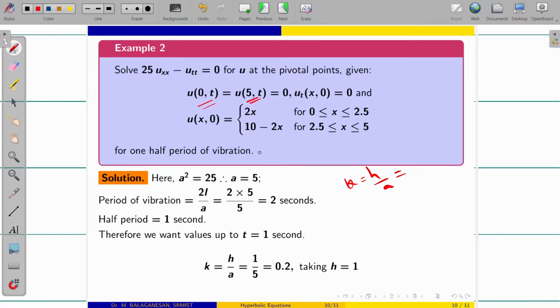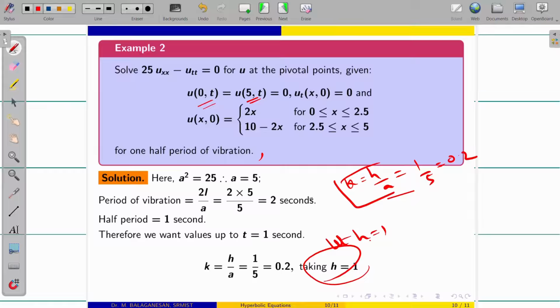They didn't specify h here. If they're not specifying, you can consider h equal to 1, because 0 to 5 is varying, so 1, 2, 3, 4, 5 will be easy. If you take 0.5, 1, 1.5, it will be very lengthy. Usually they will specify it. If they're not specifying, you can take h equal to 1, so k is 1 by 5, that is 0.2. K value over. Okay, fine.